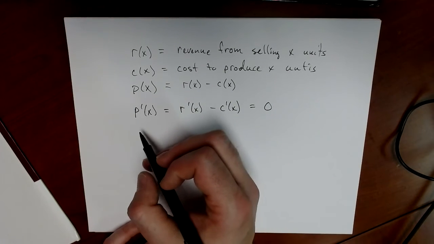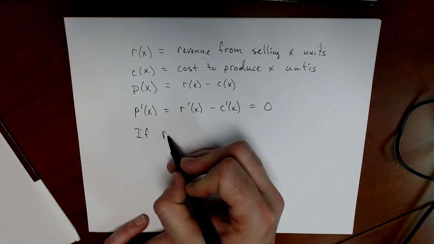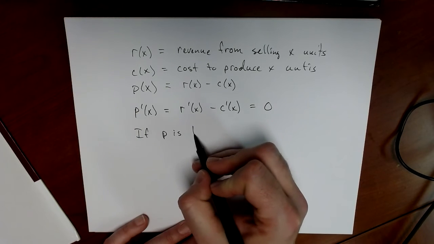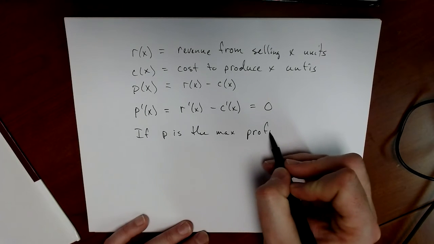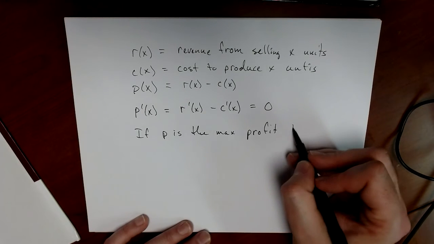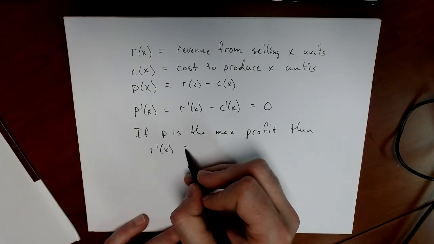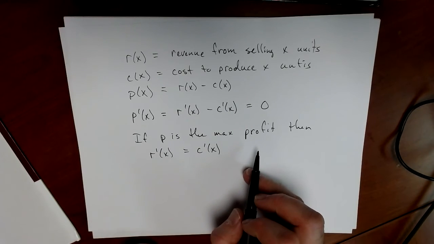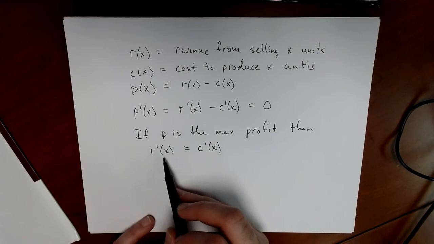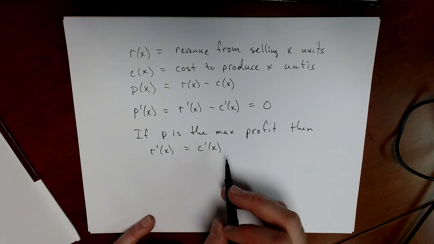And so we get the result that if P is the maximum profit, then R prime of X equals C prime of X. So in other words, you maximize your profit where your change in revenue is equal to your change in cost.